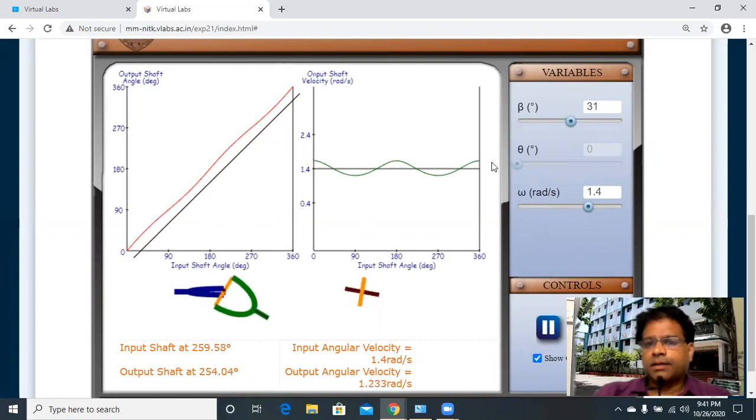Like this, even by having different shaft angles, we can transmit the motion.